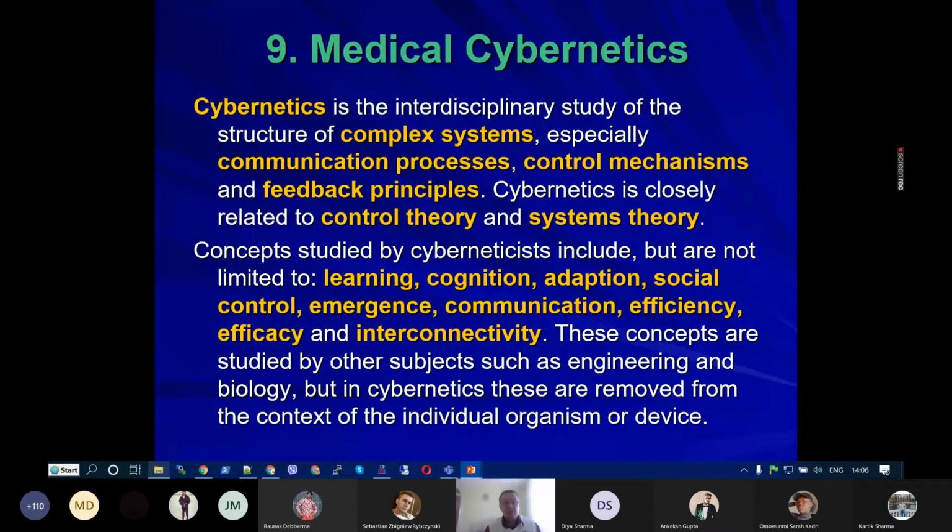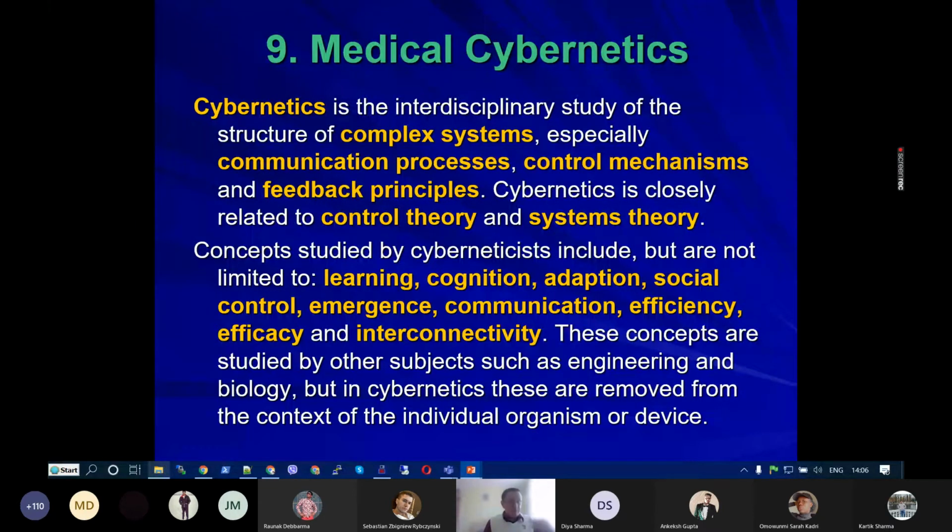Cybernetics is a disciplinary study of the structure of complex systems, especially communication processes, control mechanisms, and the feedback principle. Cybernetics is closely related to control theory and system theory. Again, we have to understand that control theory and system theory are independent scientific areas of study. And concepts studied by cybernetics include, but are not limited to, learning, cognition, adaptation, social controls, emergence, communication, efficiency, and interconnectivity.